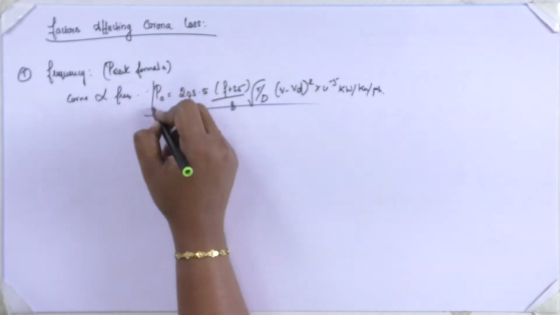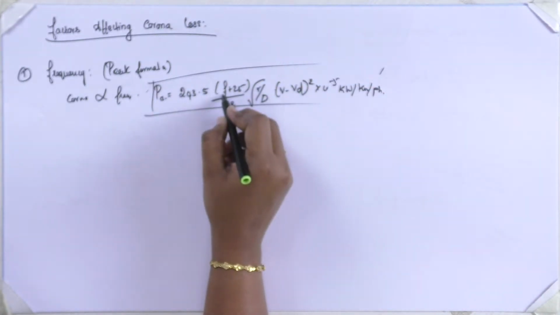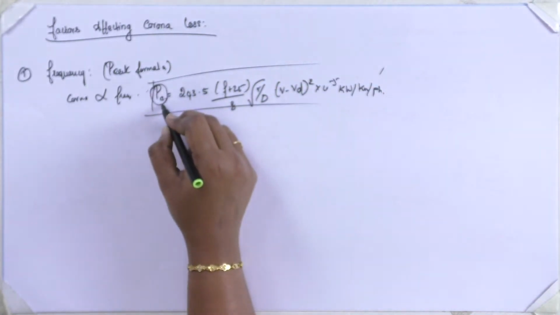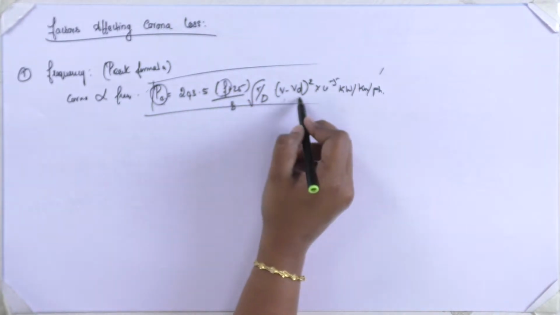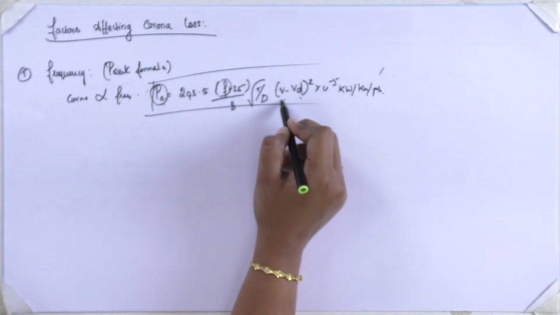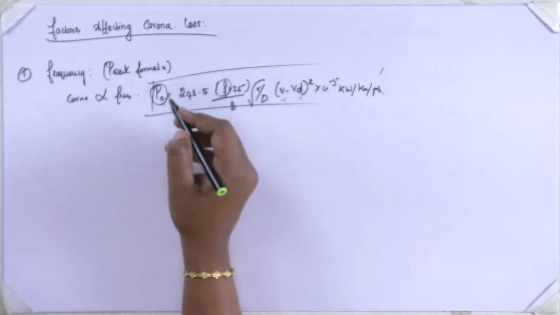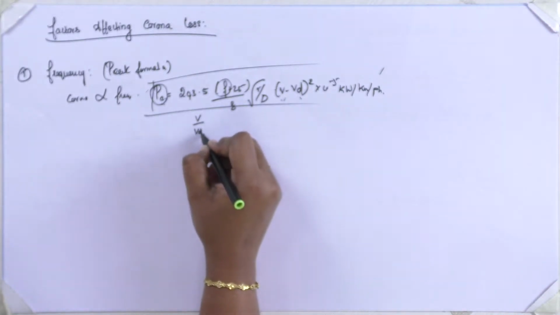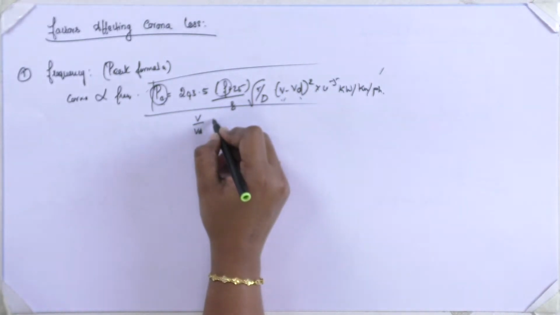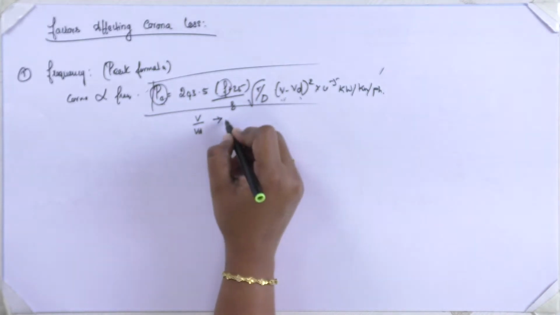So this is the Peek formula, where the power loss due to the corona is directly proportional to the frequency, and also to the difference between the critical and the normal operating voltage. So in order to eliminate the corona loss, there should be a proper V by Vd ratio. The V by Vd ratio should be greater than 1.8.